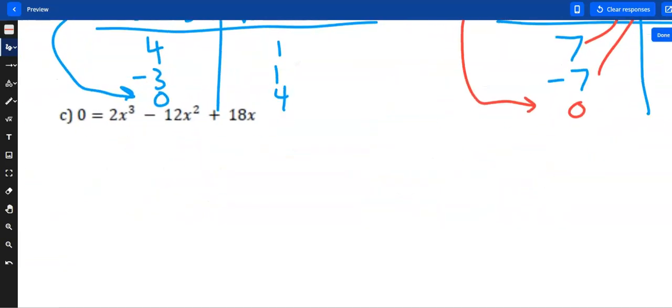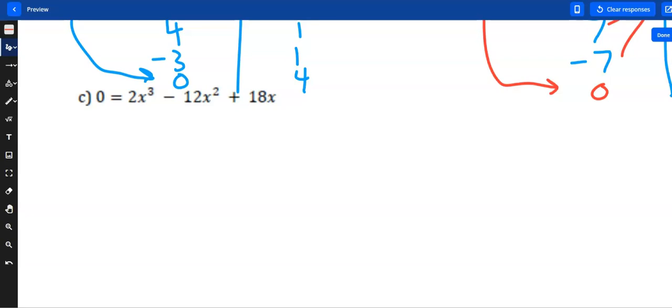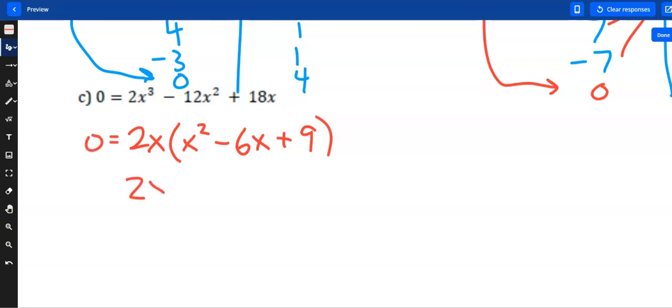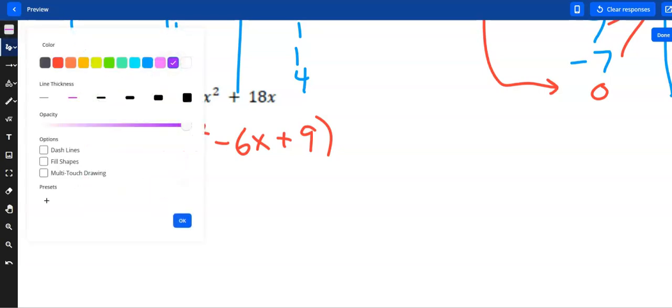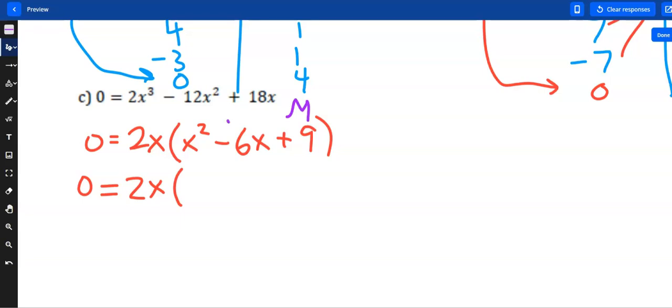And now we got our last one here. Factor out a 2x, giving me 1x squared minus 6x plus 9 equals 0. And of course we can continue this process of solving, thinking of things that multiply to 9 but add up to negative 6. Of course that would have to be x minus, and the only combo that works would be 3 and 3.